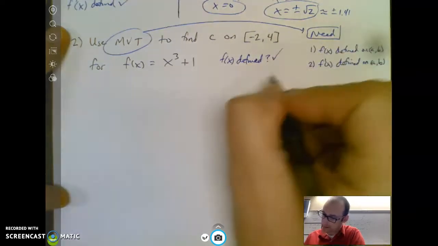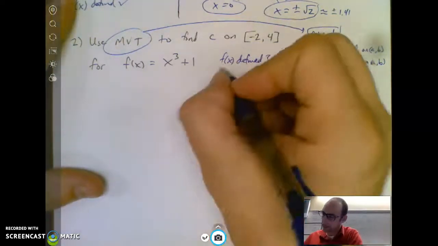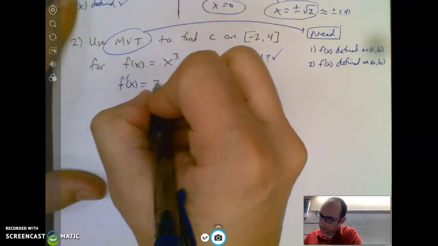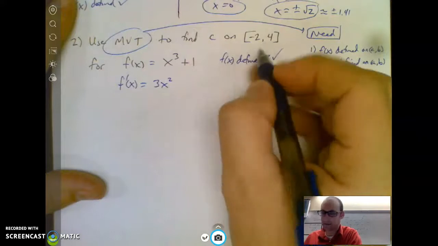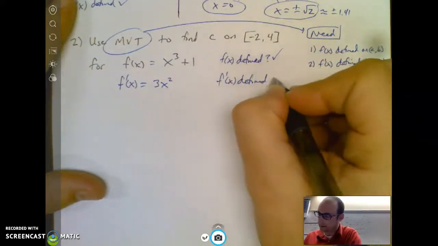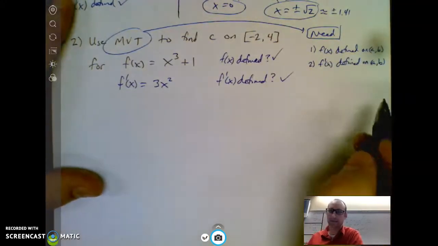That's a yes, because this doesn't have any fractions or radicals. I want to check, is my derivative defined the whole time over this section? Technically, it doesn't have to even be defined at the two endpoints, but it passes both tests.